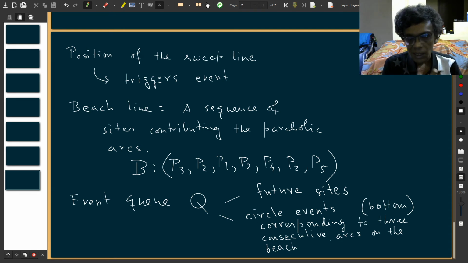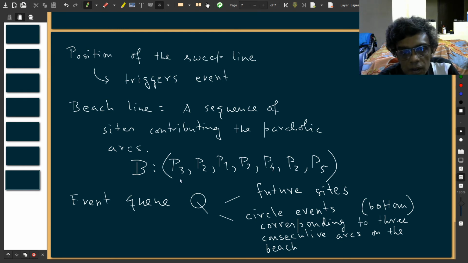three different sites. If I look at this, P3, P2, P1 I will store as an event. P2, P1, P2 I will not store because only two sites cannot lead to a circle event. P1, P2, P4 I will store. P2, P4, P2 I will not store because two sites cannot define a circle event.